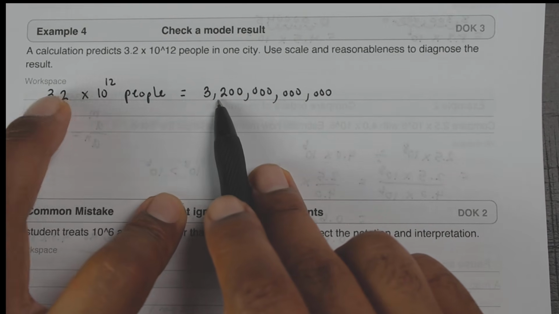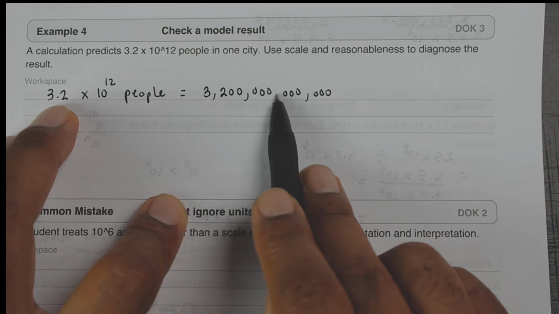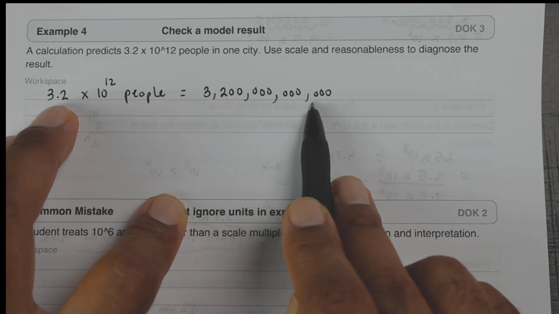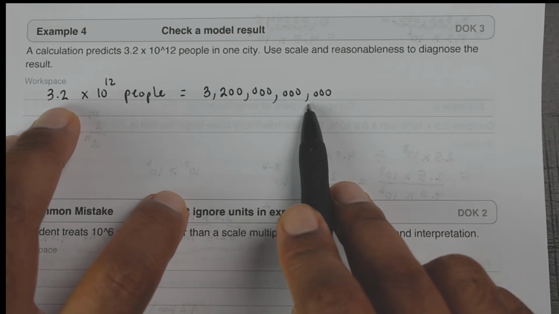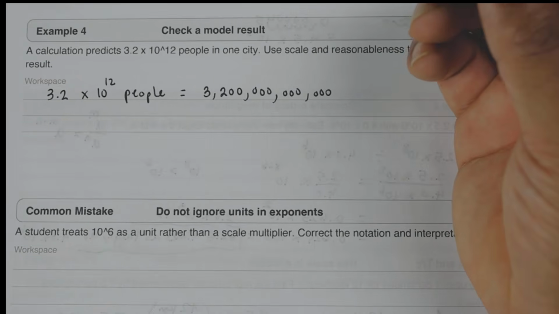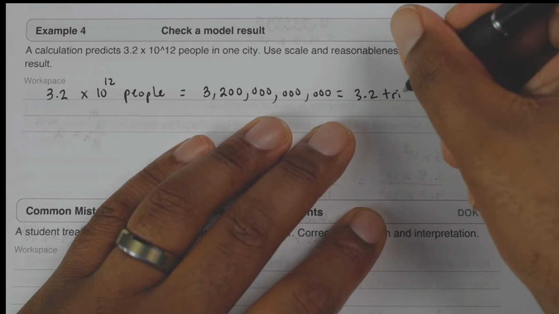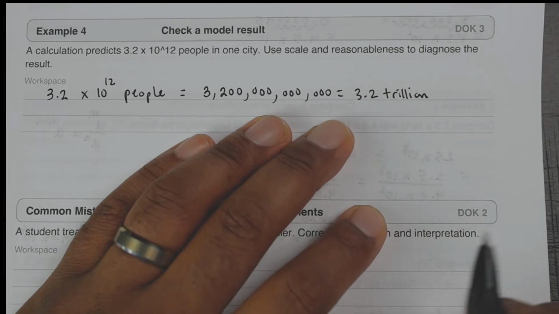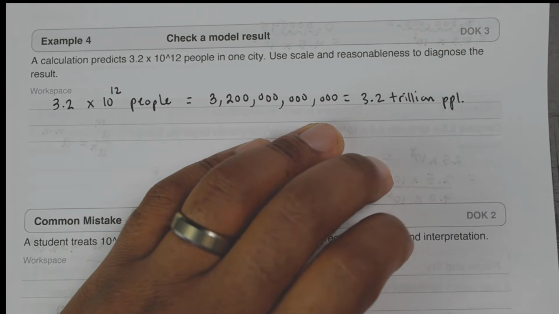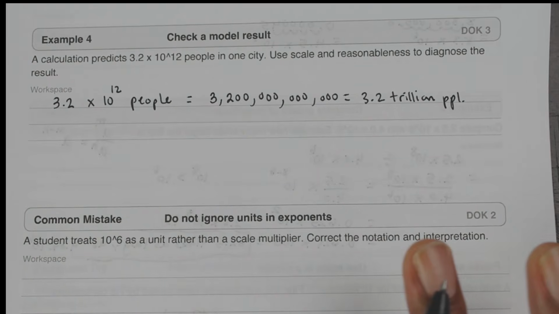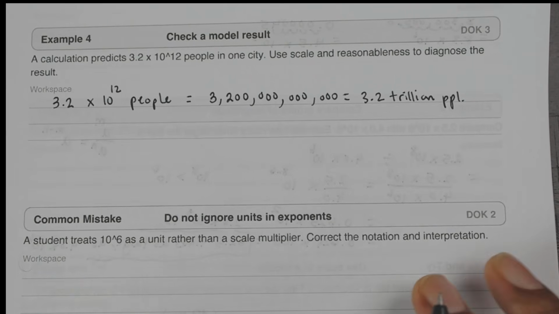Just to clarify, that's 12 place values: 1, 2, 3, 4, 5, 6, 7, 8, 9, 10, 11, 12. That's how I know this is 3.2 trillion people. So that result is not reasonable for the population of one city. 3.2 trillion people in one city, that's absolutely insane.